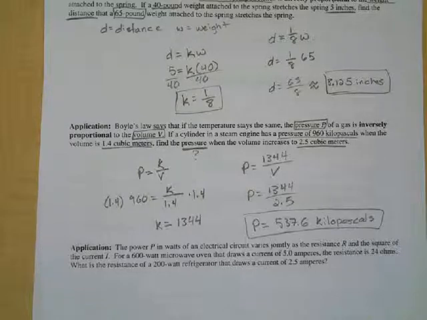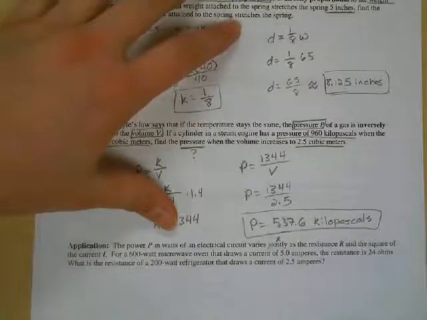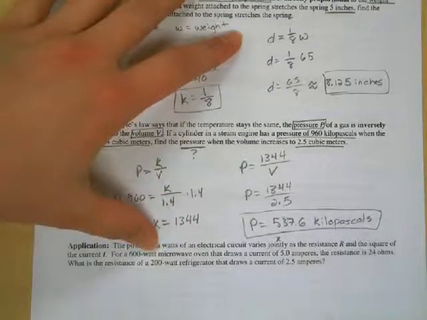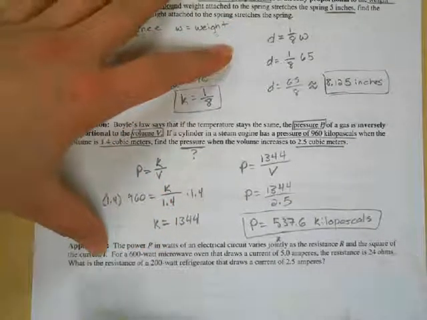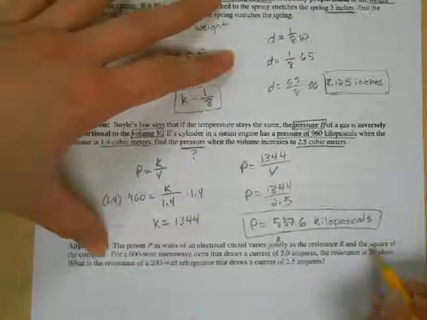So, last one here. The power P in watts of an electric circuit varies jointly as the resistance R and the square of the current I. Jointly means multiply.